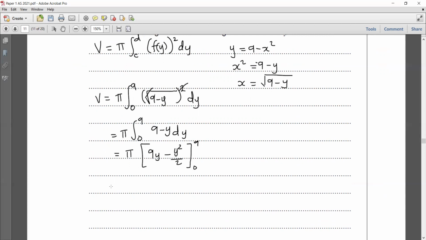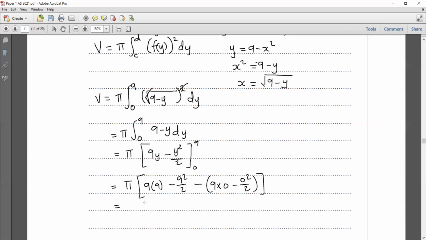So this is pi. And then I substitute the 9, so I have 9 times 9 minus 9 squared over 2. Then I subtract when I substitute 0, so I have 9 times 0 minus 0 squared over 2.